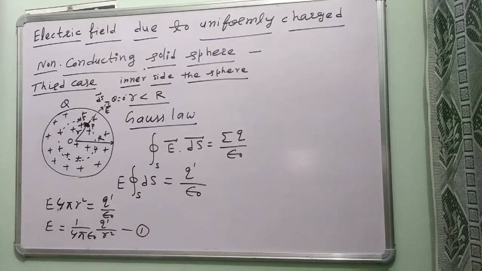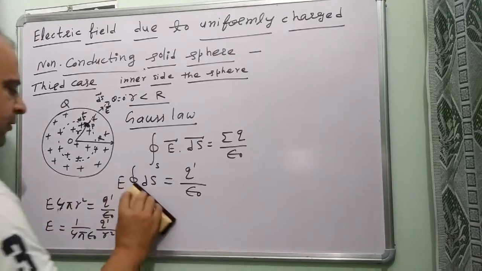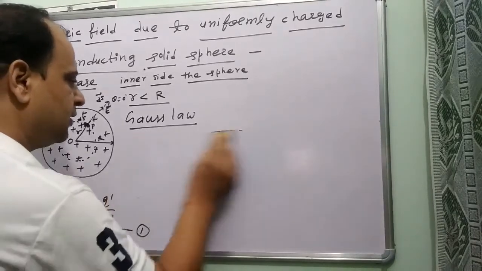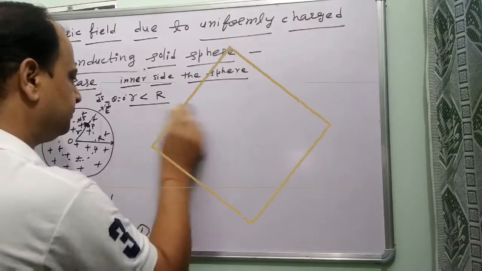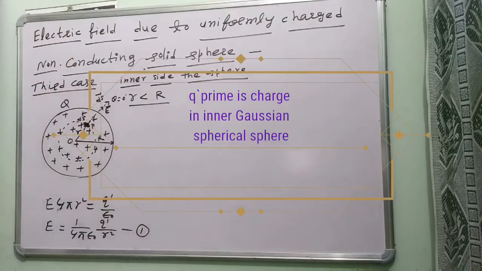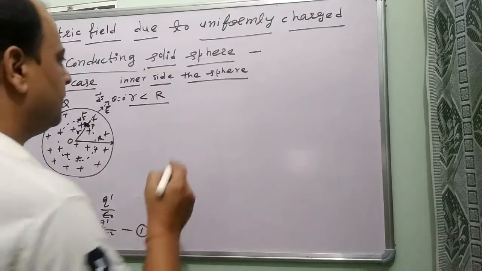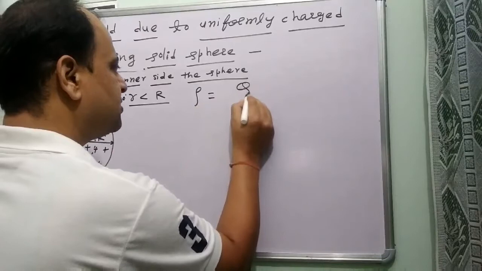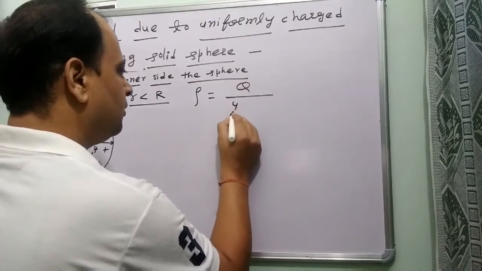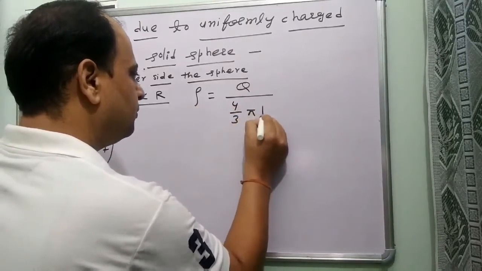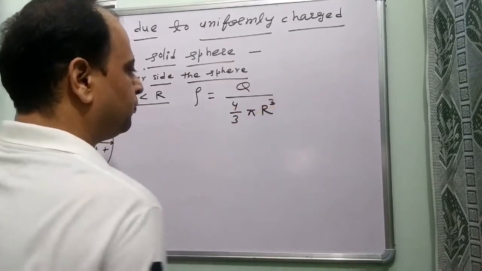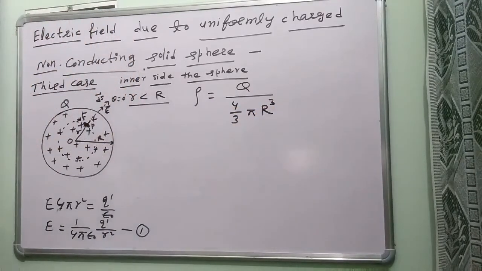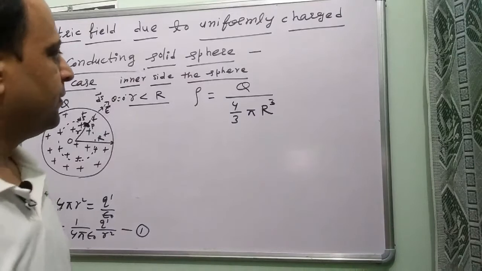Now we find the value of q dash. Then our problem is solved. Rho is the volume charge density, total charge upon total volume. This is the charge per unit volume.